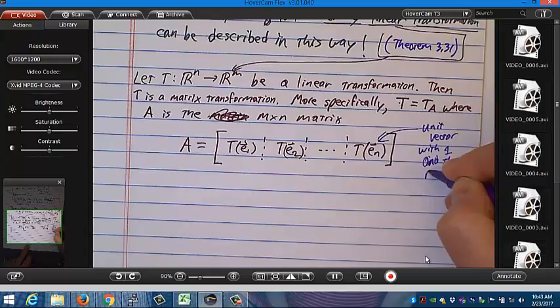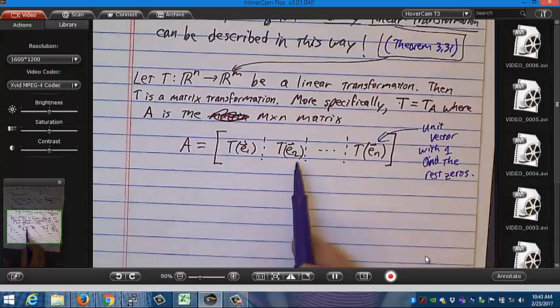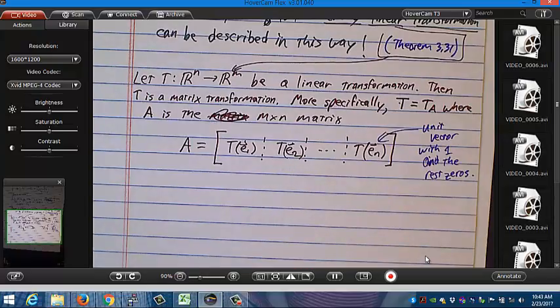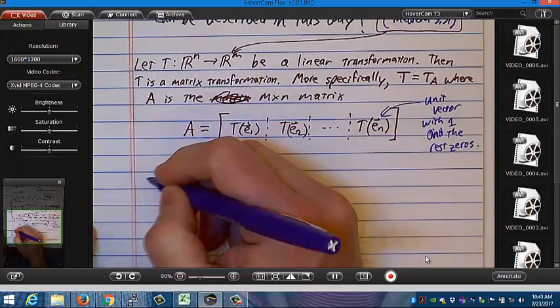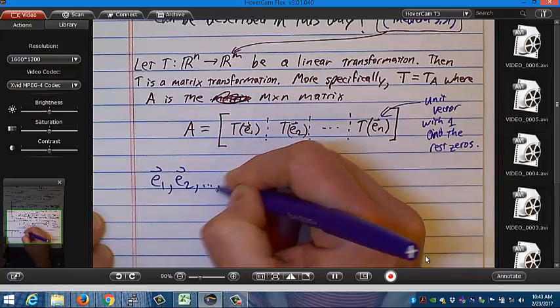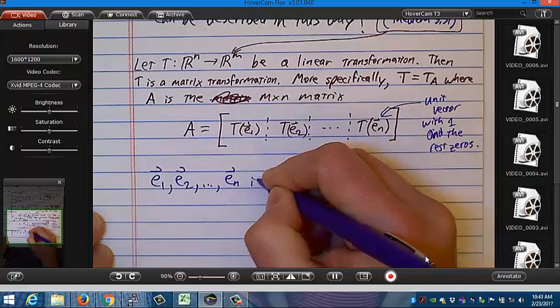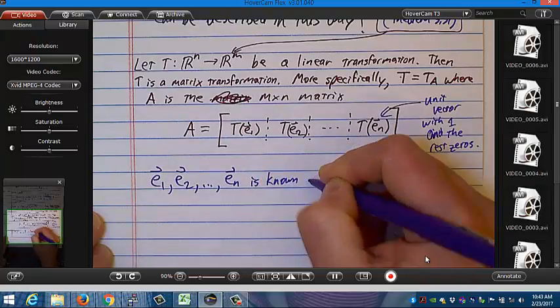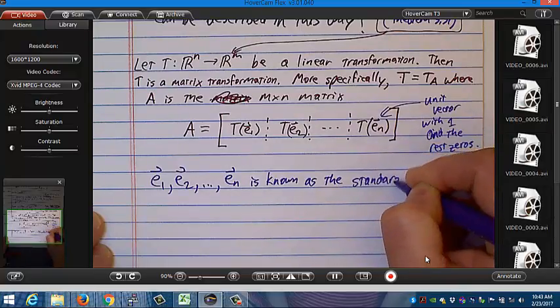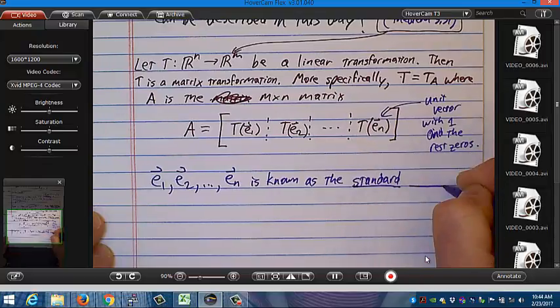And basically, the 1 shows up wherever the number is. So E2 is going to be 0, 1, and then all zeros below that. By the way, E1, E2, ..., En is known as the standard blank for Rn.